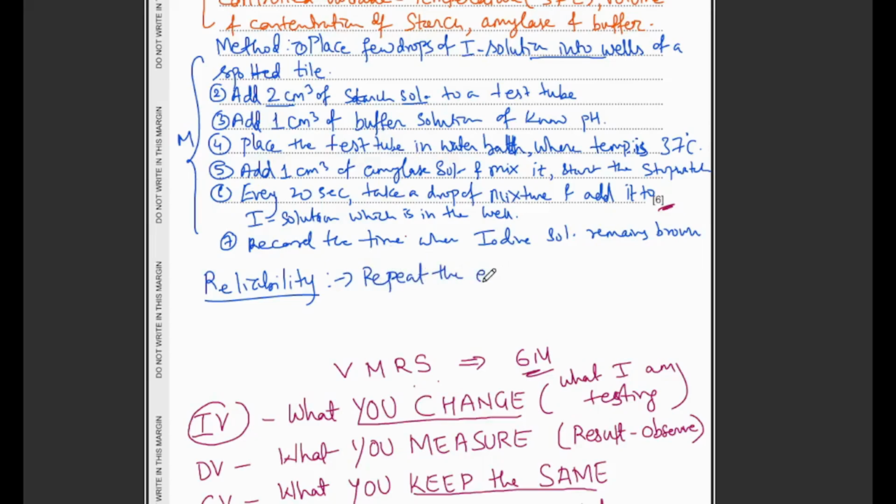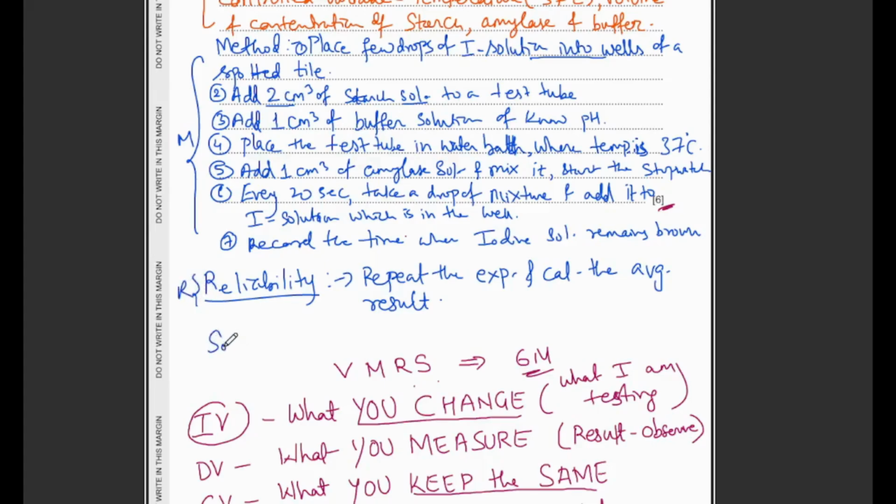Repeat the experiment and calculate the average result. You'll get the different times, add them, find out the average. That's what we said. We just mentioned this one. We don't mention the result. We mention reliability, and in the end, so this is R here, and in the end we have safety, right?